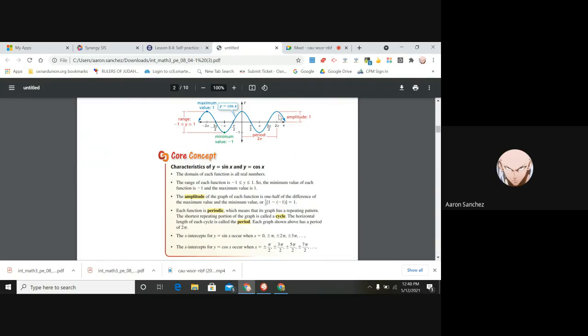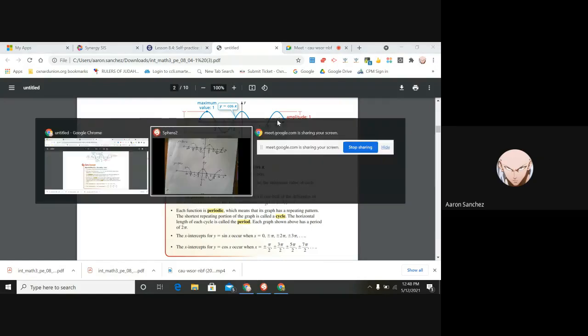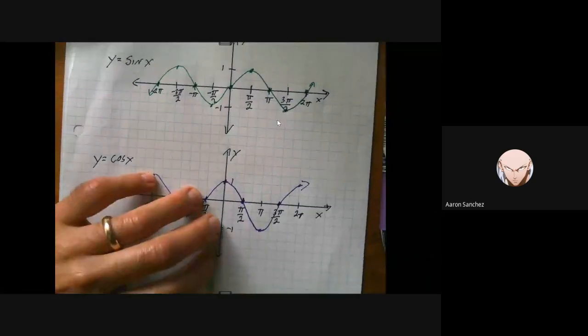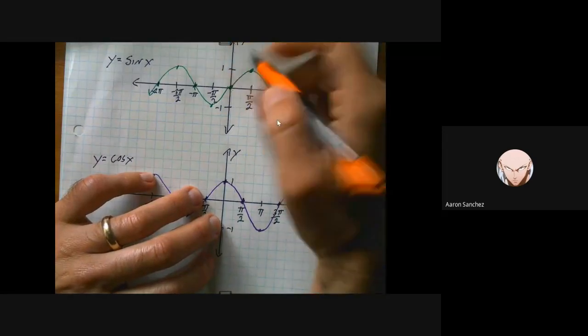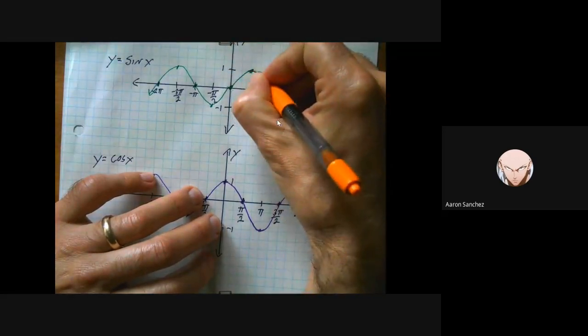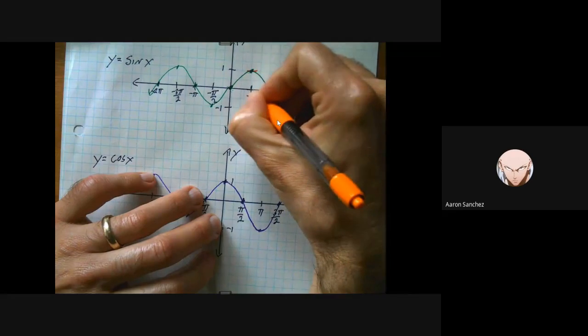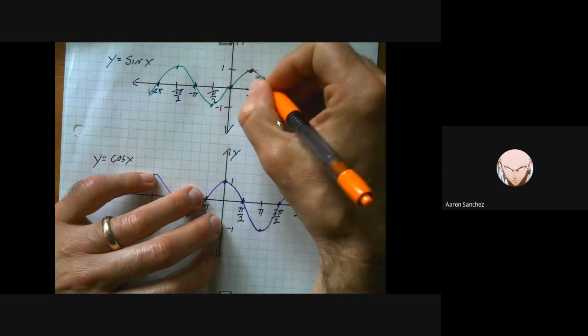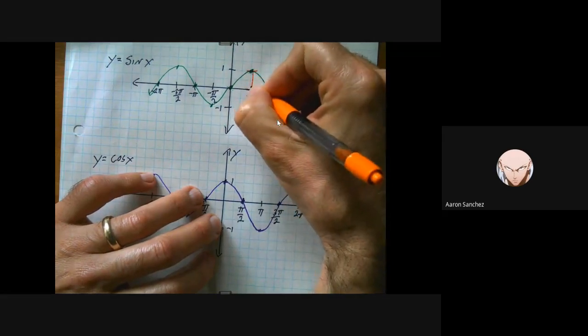So from here to here, this is the amplitude. If you look at my function right here, the amplitude is from here to here. That is the amplitude.